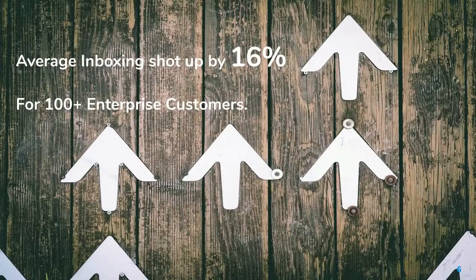And thereby, of course, when there's an inboxing uplift, there's an ROI uplift too. But this is across 100 plus enterprises that we power, and each of them deliver anywhere from 20 to 500 million emails a month, right? So that's the size of the customers that we're talking about.